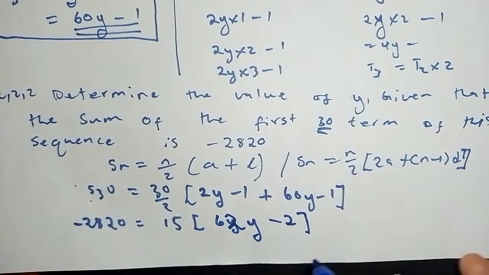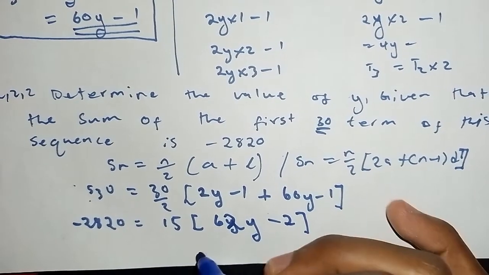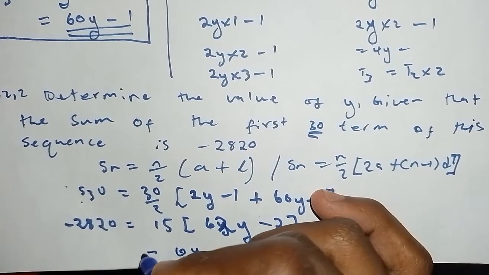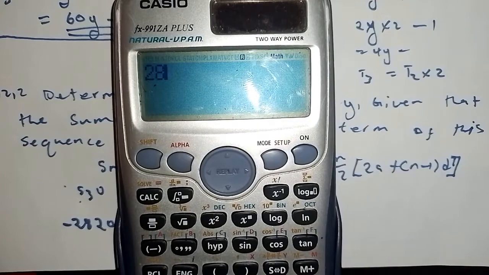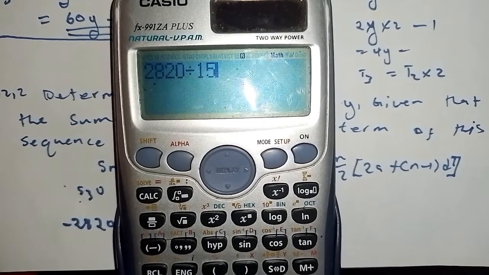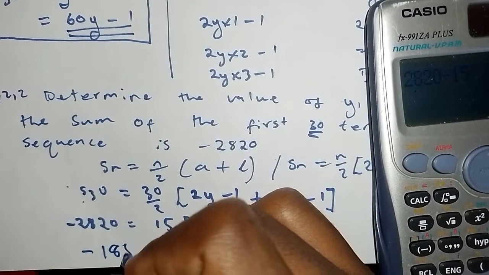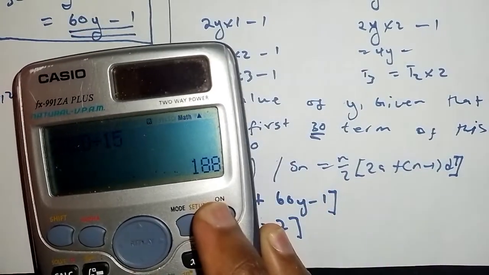Then here, divide by 15. I'm going to have 62y minus 2 is equal to, what is 2820 divided by 15? It's negative 188, not 118, negative 188.